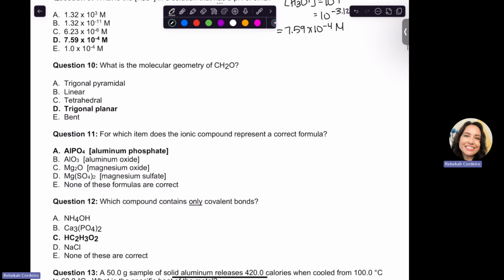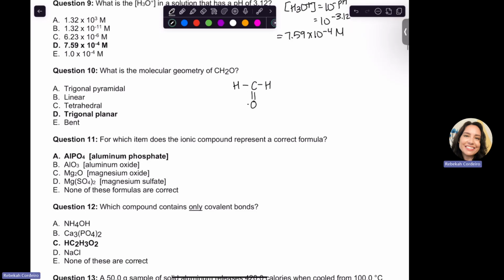Molecular geometry of CH2O. So CH2O, Lewis structure looks like this. We have 1, 2, 3 groups around the center, which means we have a 120-degree angle. And if we draw in that 120-degree angle, it may be more helpful to get us to figure out the name of this. It looks like a triangle, so it's trigonal, but it's not a pyramid, it's planar because it's flat.